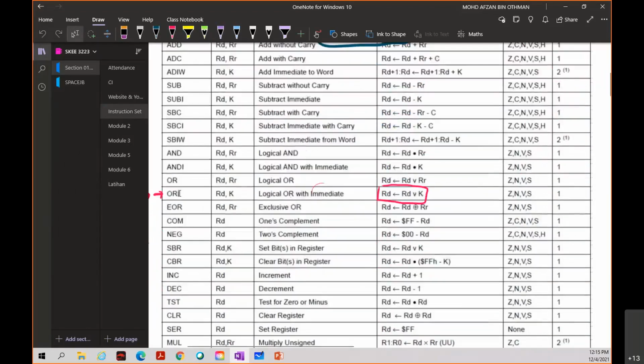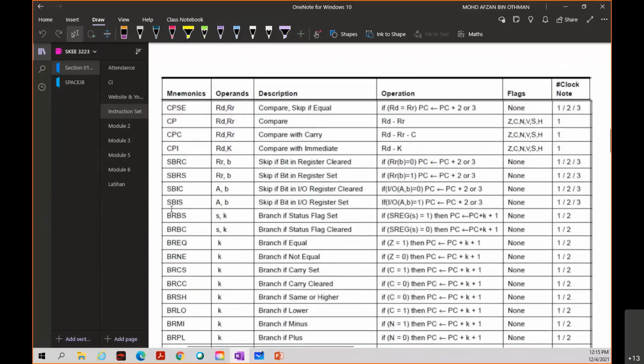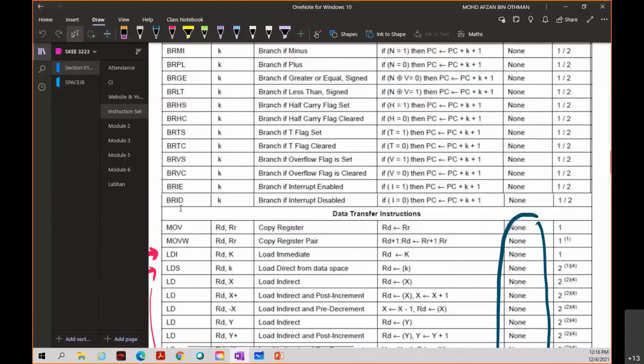Okay, ADD, this one doesn't have it. Okay, this one. You see MOVW Rd+1:Rd, Rr+1:Rr, which is to copy a register pair. So now your RD is R22 and RR is R20.